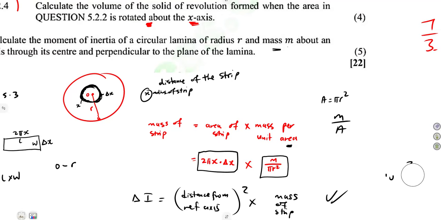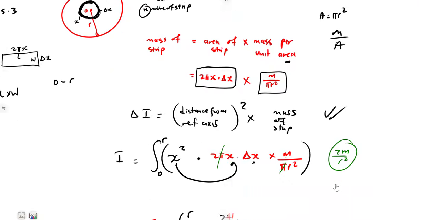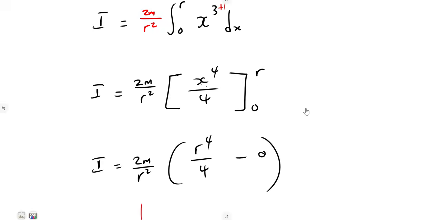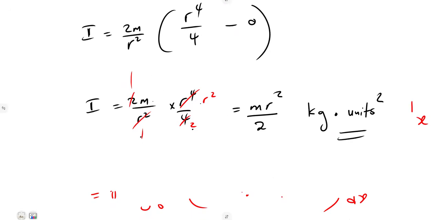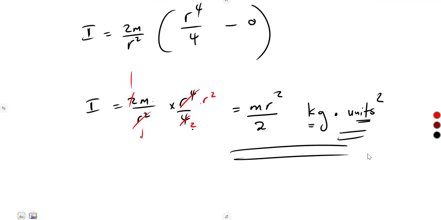But we are not given, because it is taken in terms of mass. So it's kilogram per square unit, where the square unit is from the radius squared, but the mass is in kilograms. So this is what you're going to write as your units. It is still okay like that.